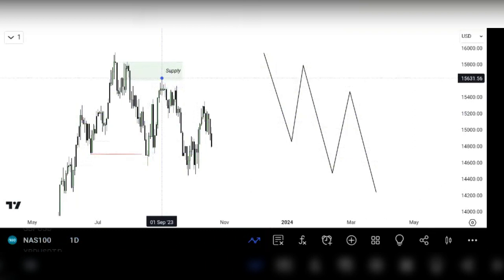You would actually be looking for the nearest supply, or the supply that actually broke structure. This move, this straight move from here to this point was the one that actually broke past the previous higher low that was formed. And now we can say, okay, this point here is our supply. Are we following?